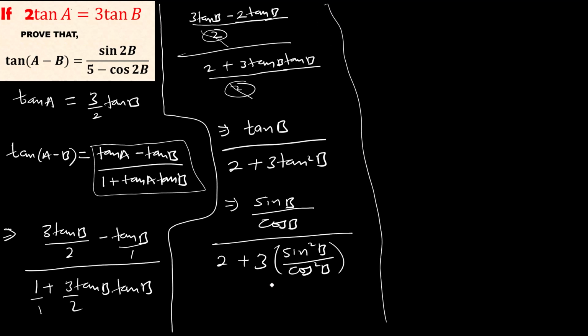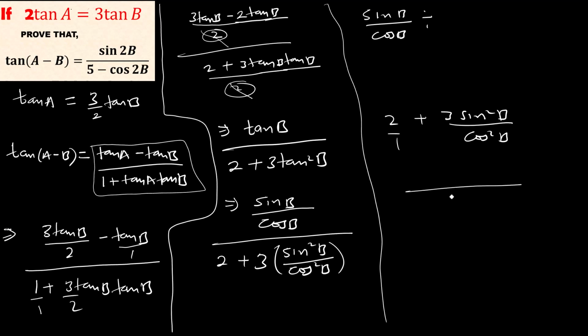Okay, so we can simplify the denominator here. So we have sin B over cos B divided by, so let's simplify this and put the result here. So we have 2 plus 3 sin squared B over cos squared B. So I can make this side 1.